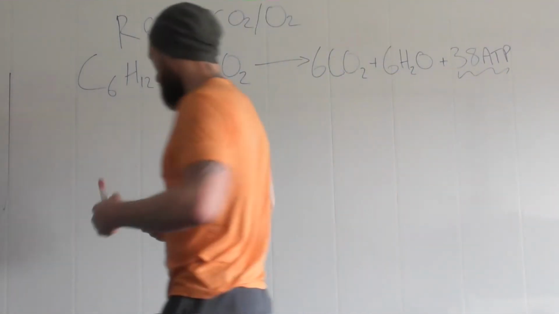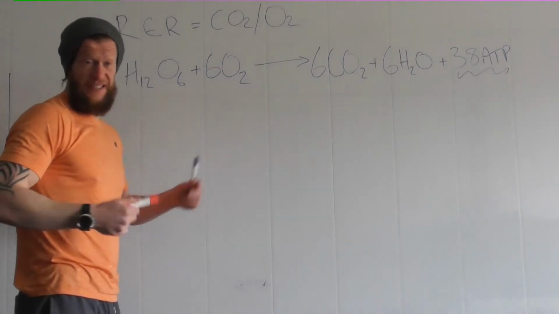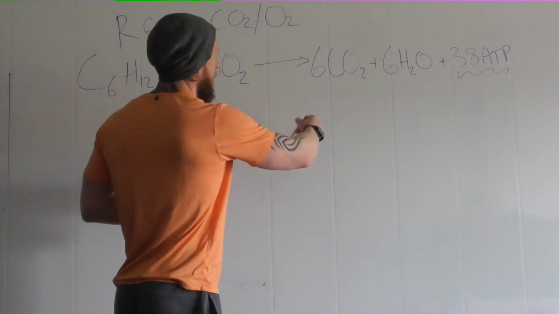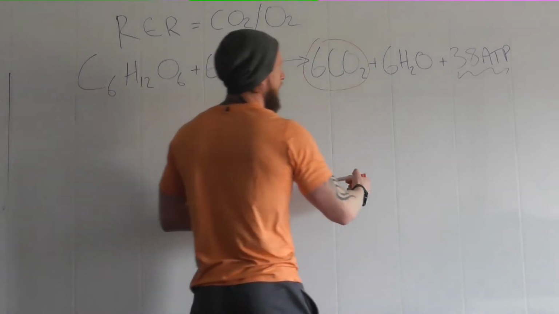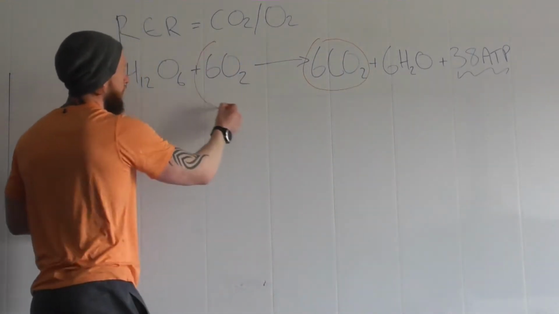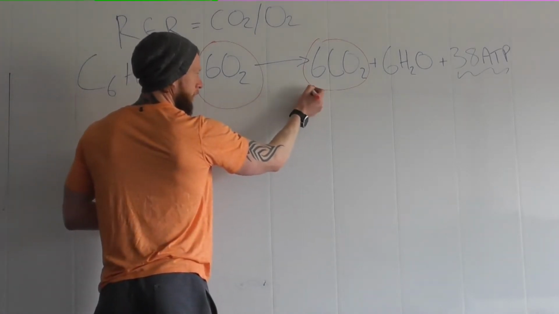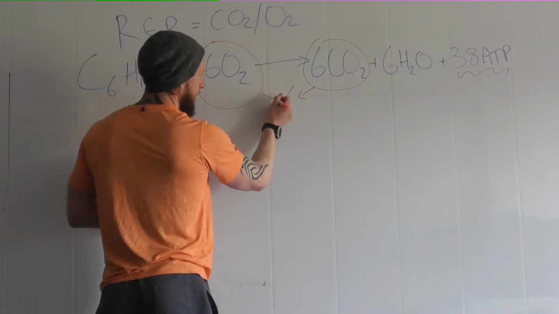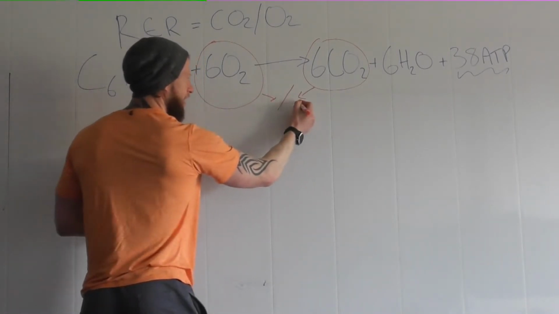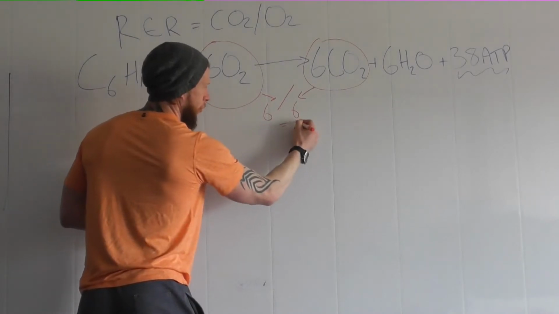Now we can see that we have 6 molecules of CO2 and 6 molecules of oxygen. If we take this number and divide it by this number, we get 6 divided by 6, which equals 1.